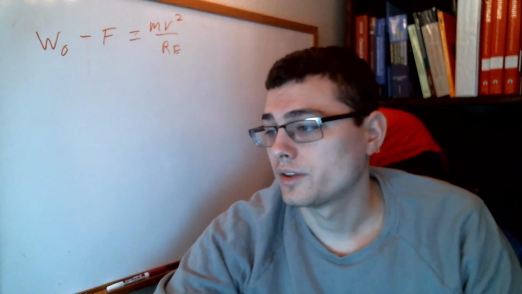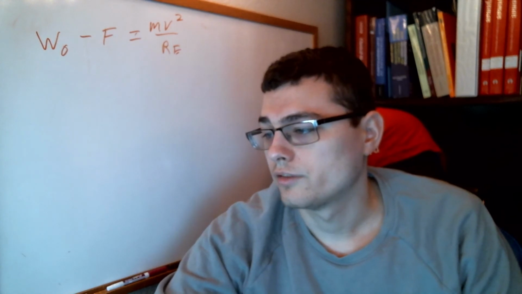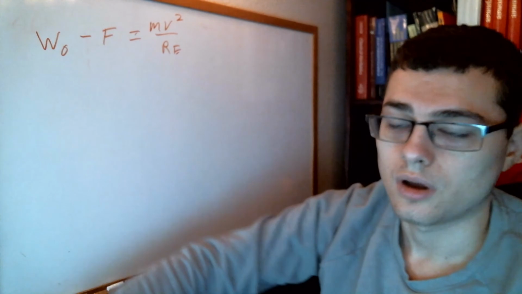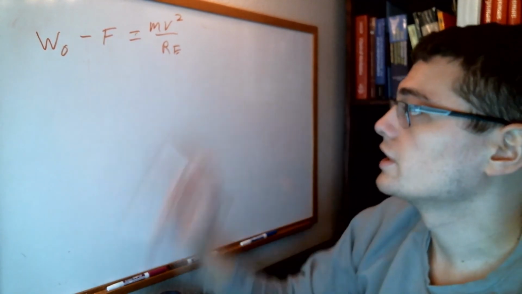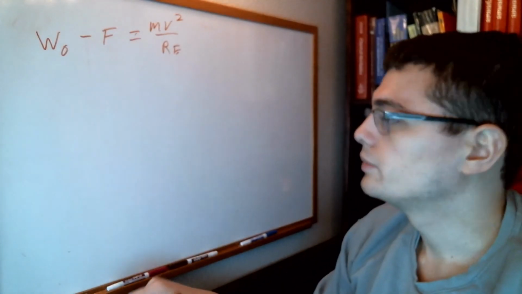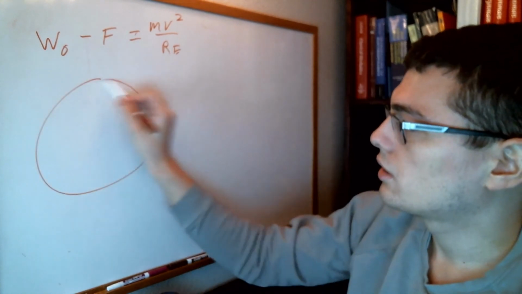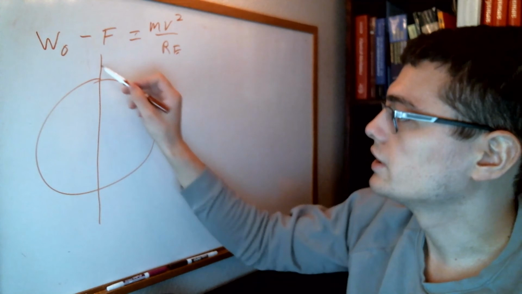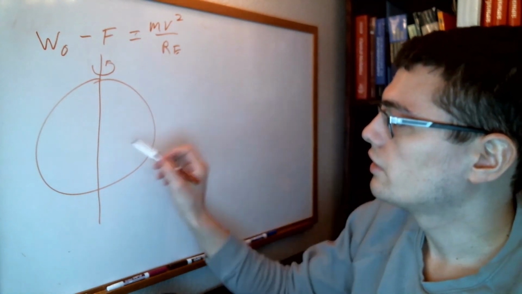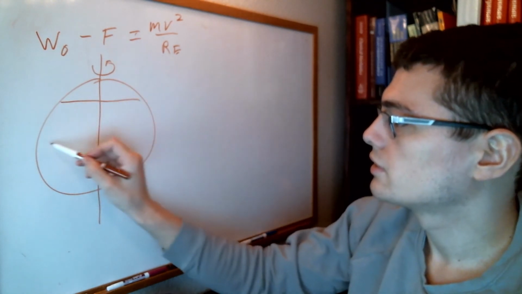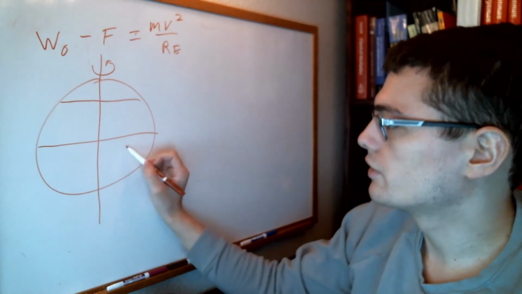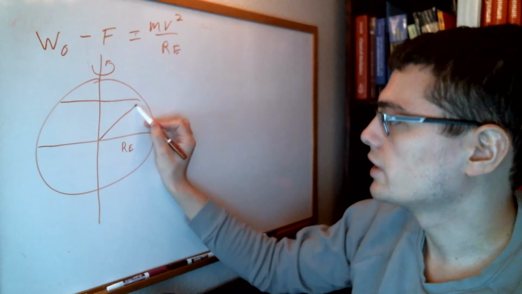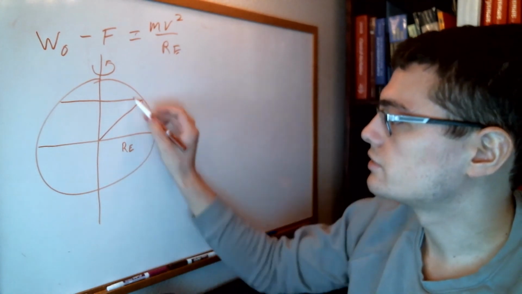At the equator, you're going to feel the full force of this radius R_E, because if we're talking about the Earth here, and this is its pole and it's spinning like this, then at the equator this is going to be your R_E.